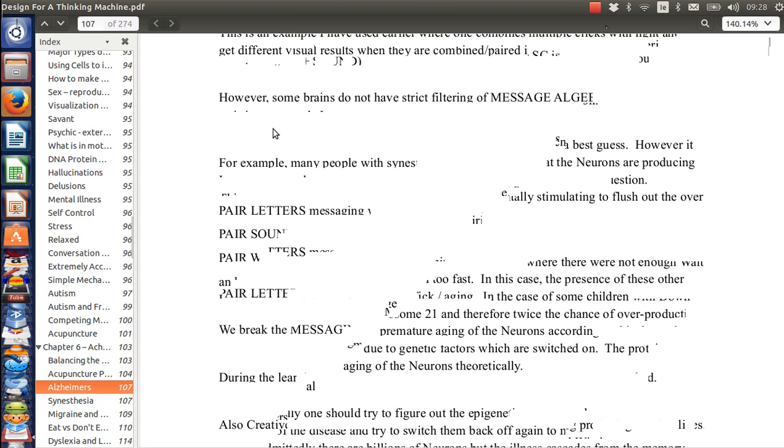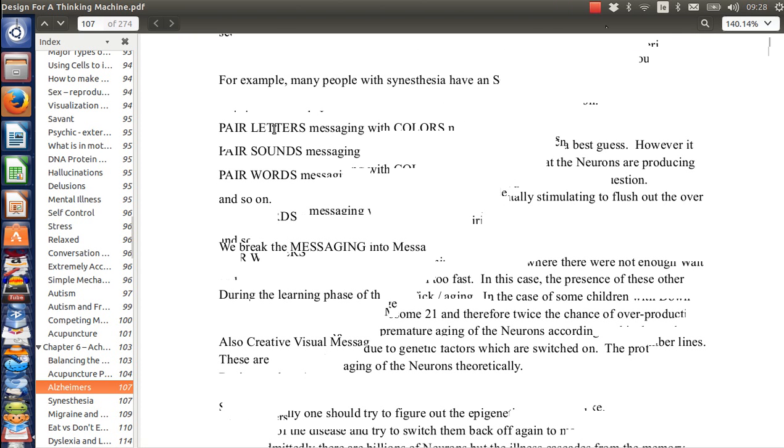But in a more holistic view, the brain architecture is more about pairing message types. So, for example, some very accomplished musicians are able to pair emotions and stories with songs.